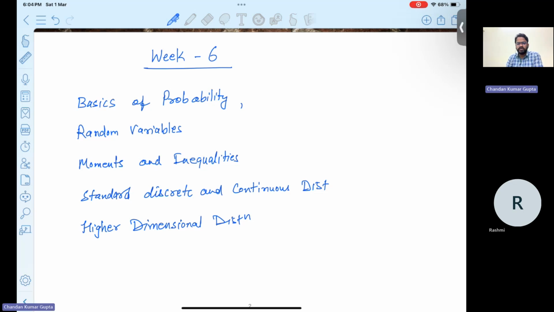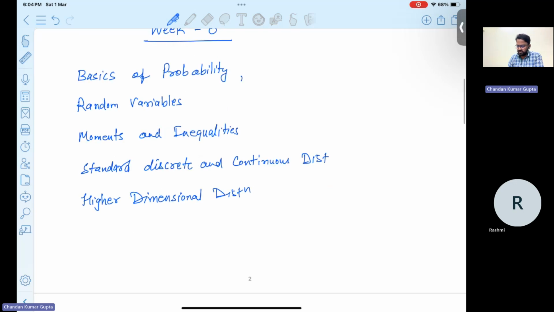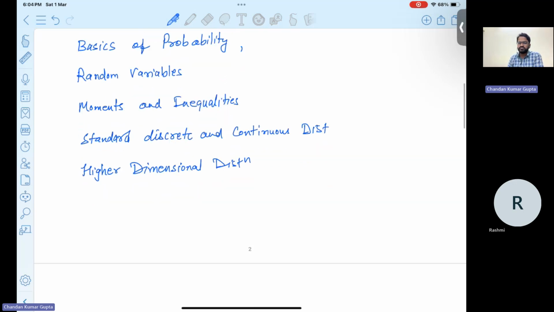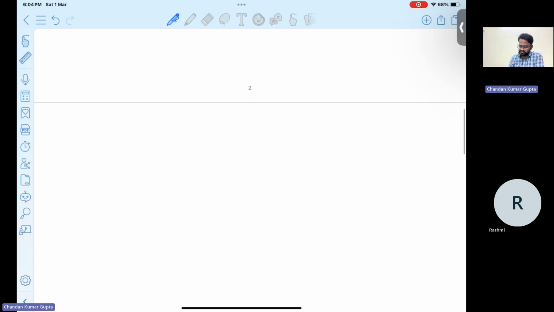We discussed different marginal probabilities, and how to calculate them from bivariate or joint probability distributions. Now in week 6, we will discuss some functions of several random variables.